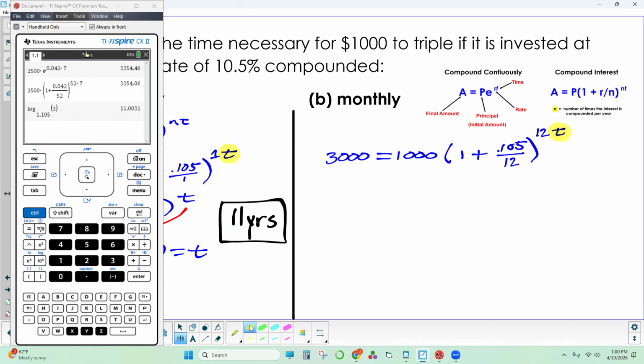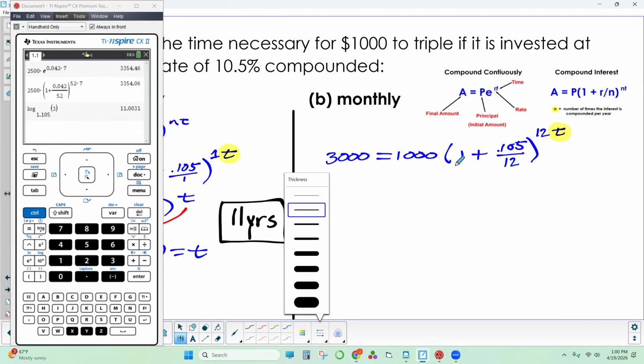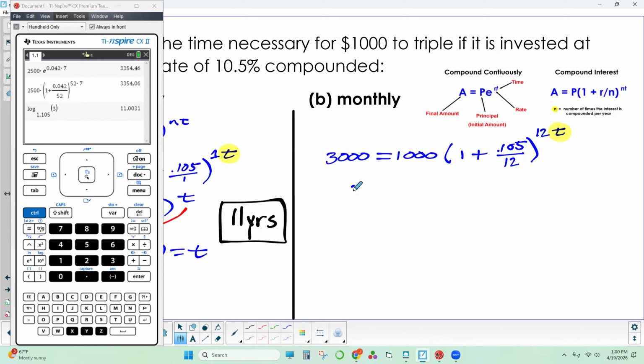So we need to write this as a log. Okay? So in order to do that, again, I've got to divide by the 1,000. So that's going to give me 3 equals 1 plus 0.105 over 12 raised to the 12t. And now I will write this as a log.